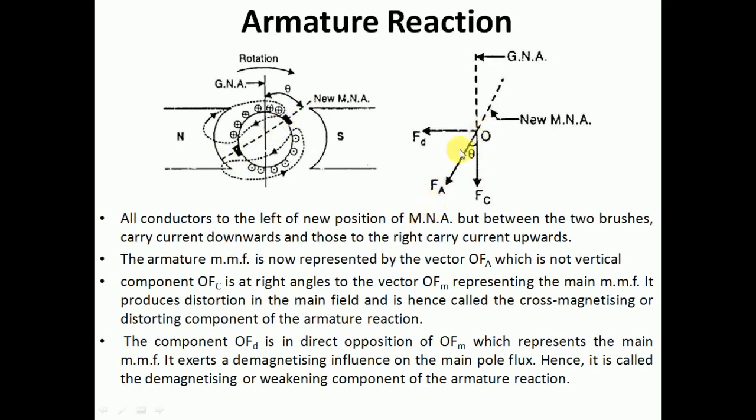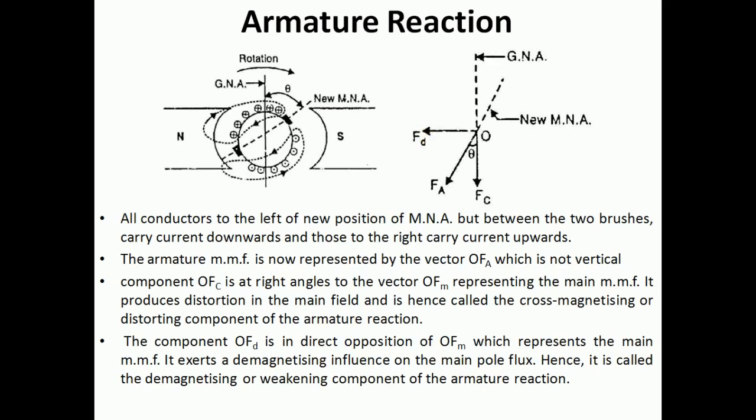If you split this OFA into two components, one is OFD and the other is OFC, definitely this vector OFD is actually opposing the main flux. The main flux direction is from north pole to south pole. So definitely this OFD is exactly opposing the main flux. This results in demagnetization. The demagnetization effect caused by this component of the armature flux results in reduced magnitude of main flux.